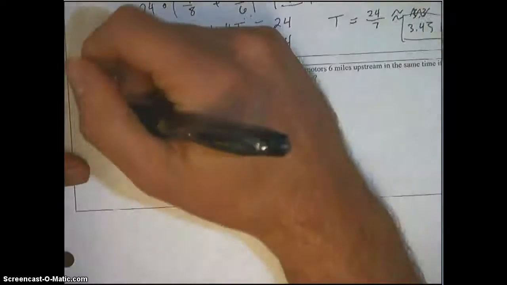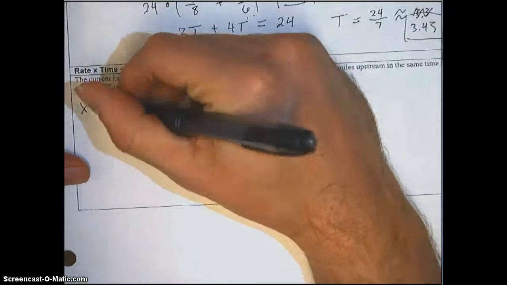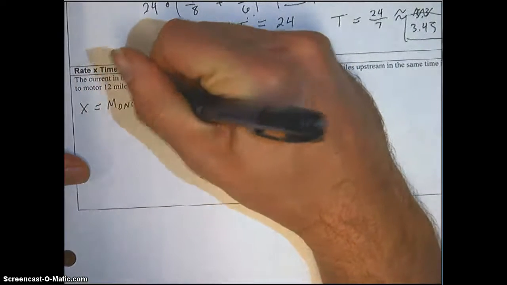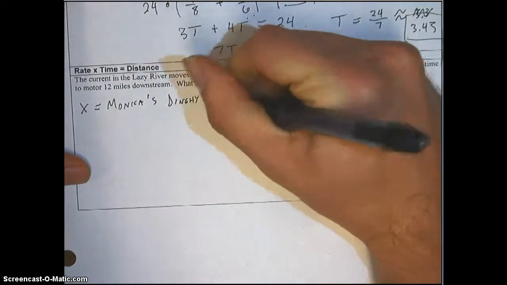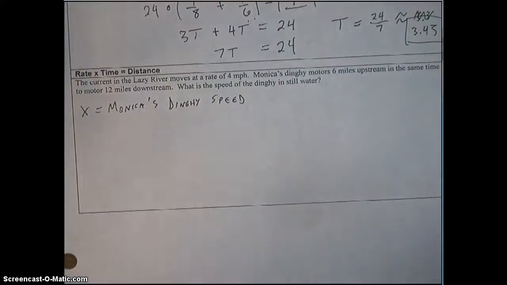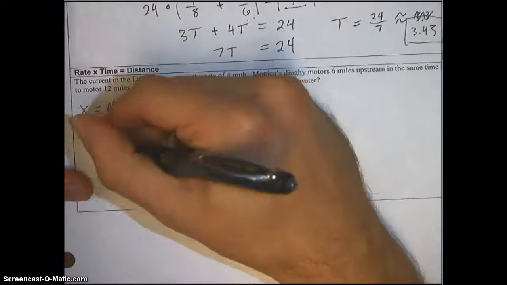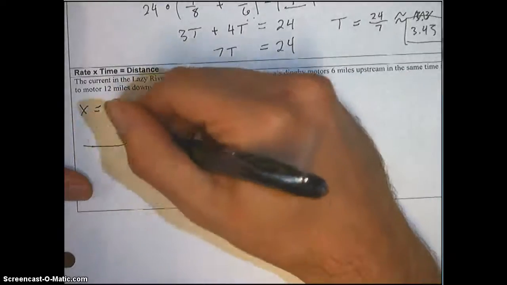So let's start by defining our variable x. And that's going to be Monica's dinghy speed. And I like to think about this in terms of a table. I'm just going to make myself a little 4x3 table here.